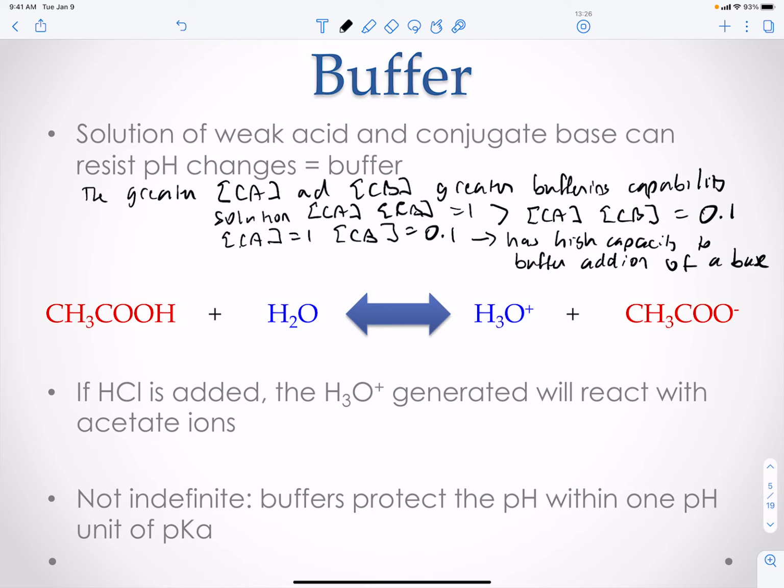Okay, so you just simply have more of your conjugate acid present to buffer the addition of a base, rather than addition of an acid will overwhelm the conjugate base.